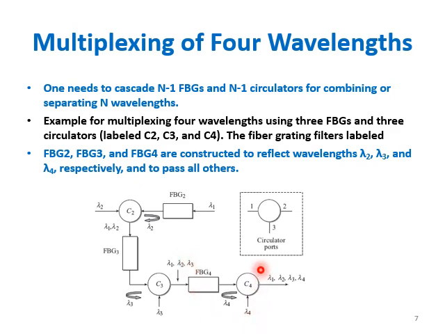At C4, lambda 4 is the input at port 1, which tries to emerge out at port 2, but the fiber Bragg grating will not allow lambda 4. It reflects it back along with lambda 1, lambda 2, lambda 3. So all four wavelengths combined come out at the other port. Multiplexing of wavelengths is observed here with the help of fiber Bragg grating and optical circulators.